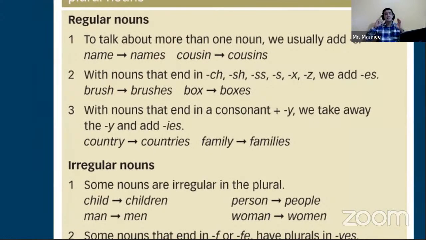The second suffix is es, to pluralize those nouns that end in the letters ch, sh, s, x, or the letter z. For example, brush, brushes, box, boxes. Rule number three is about those words that end in the letter Y preceded by a consonant. Look, country, countries, family, families.